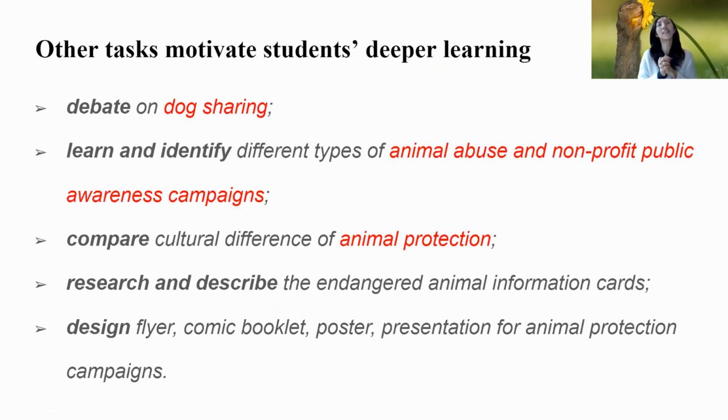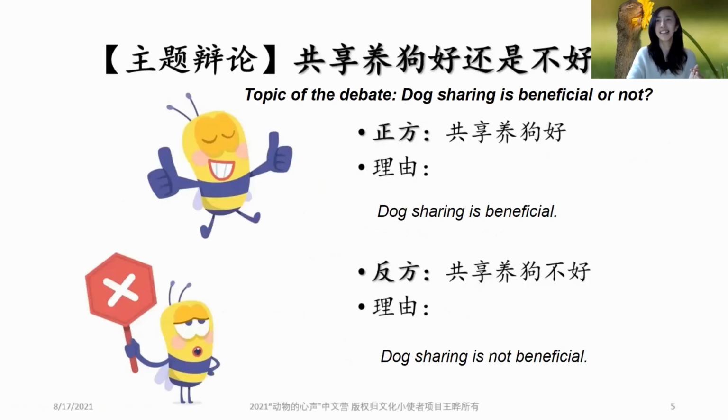Okay, so some other tasks that motivate my students' deeper learning. I would say when we talk about the dog sharing topic, it's a really controversial topic during the pandemic, and our students try to debate with each other about whether dog sharing is beneficial or not.